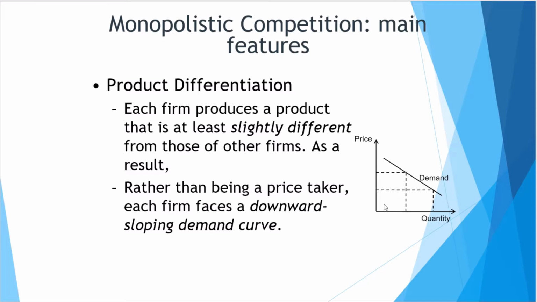So this is what the curve looks like for monopolistic competition. As you can see, it is not a flat line anymore. It's not just $6, regardless of your differentiation factor. But now, if you change something about your product, if you change your price, the demand is going to change, and this is what the curve looks like. So if you're able to sell it at a cheaper price, you will be able to sell more.